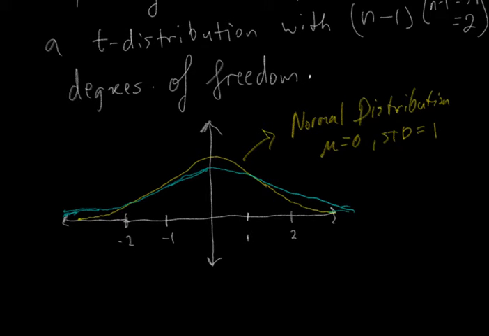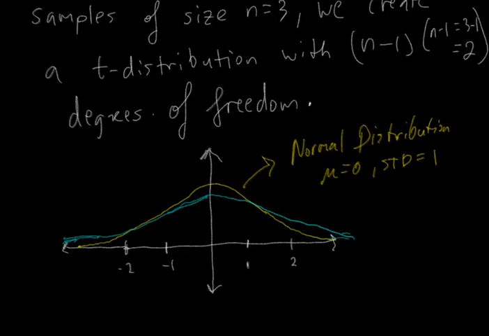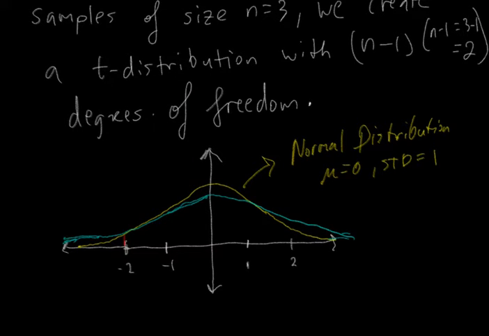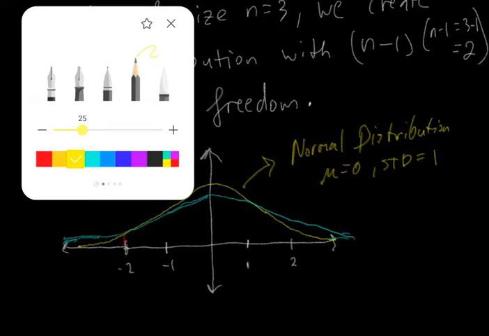And so now what you'll notice is that as the degrees of freedom go down, there is more area in the tails of the t-distribution. And so what that means is this. If we right now look at the area, okay, so I'm actually going to put that in the same color just so you know.